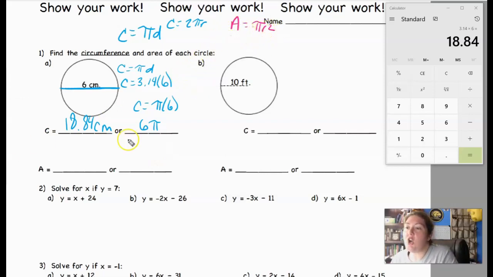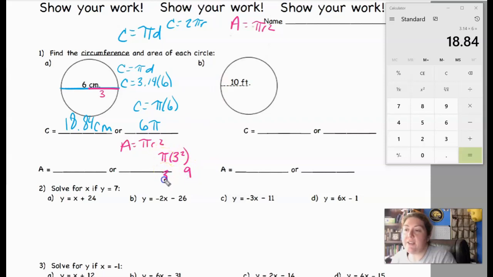So let's look at area. Area is pi r squared. Well, we know that all the way across is my diameter, and diameter is 6. Radius is from the middle to one side. So if radius is half of my diameter, then half of 6 is going to be 3. So I'm going to use pi, my r is 3 squared. 3 squared is 9.